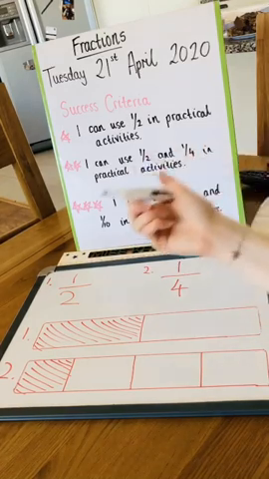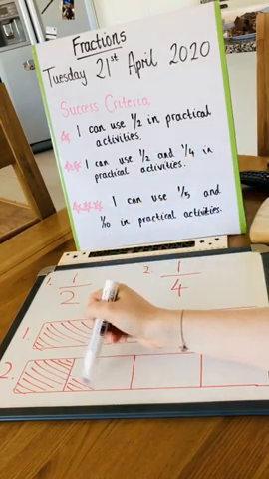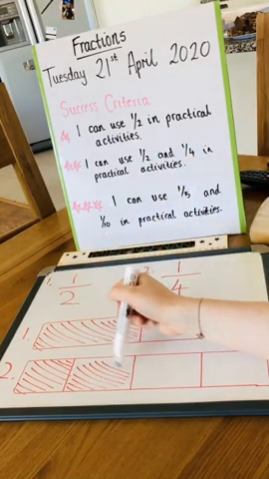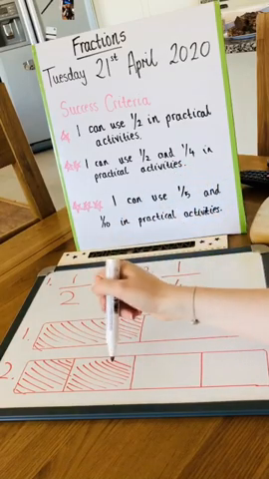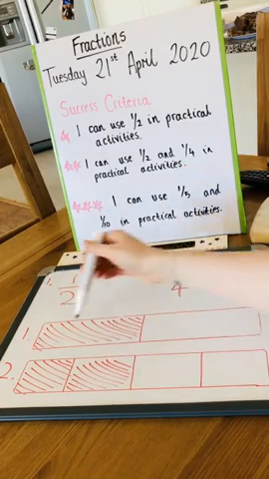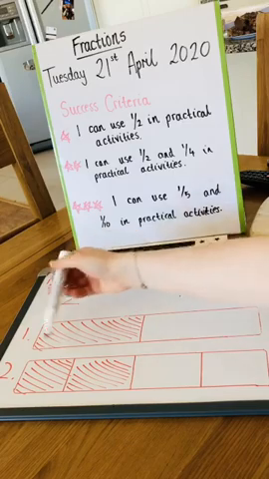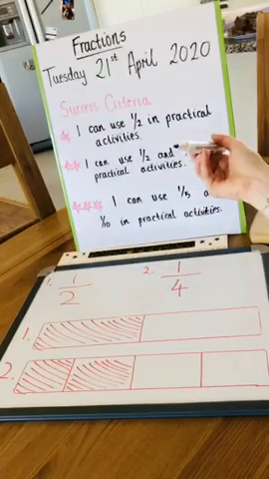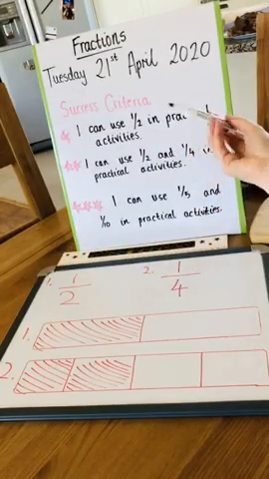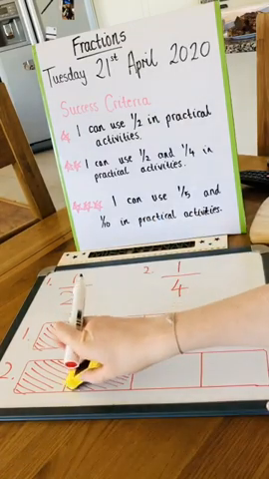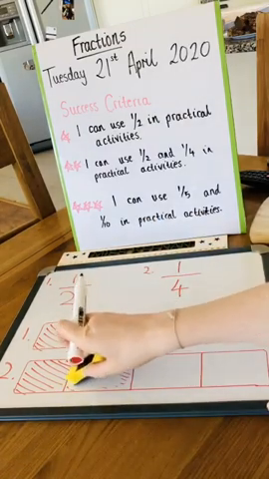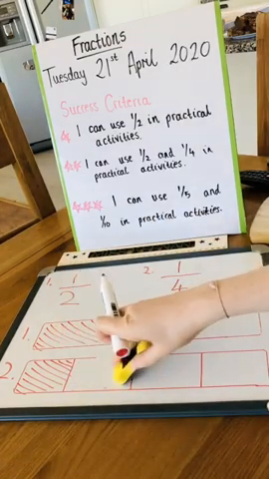I'm just going to shade it in now and then see what you think. So if we found 2 of the quarters, you can see that that is the same as finding a half. Now we will come on to this in a few lessons' time, but it just lets you have a wee think about it just now. So we have found 1/2 and 1/4.